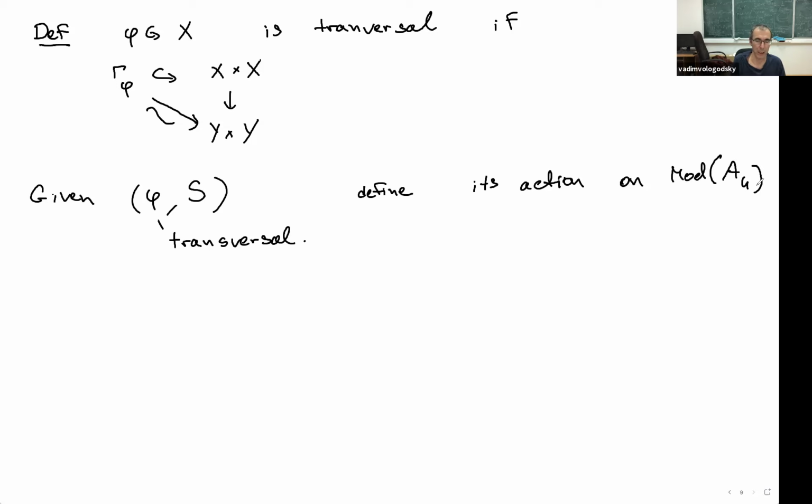Well, how do you define this action? An action, well, an endofunctor of this category is given by a bimodule, right?